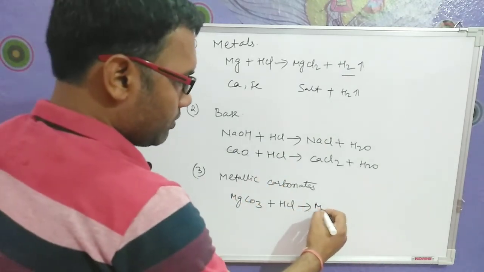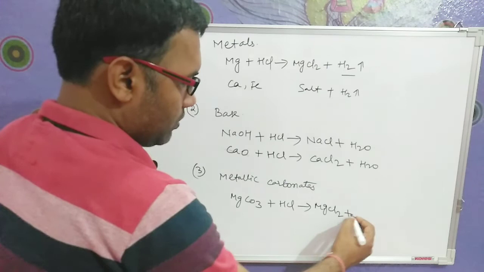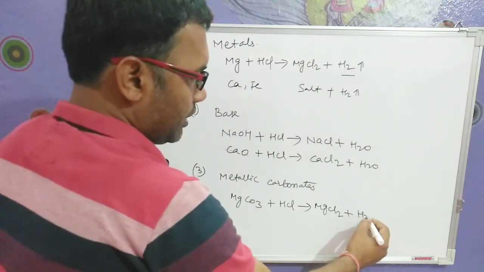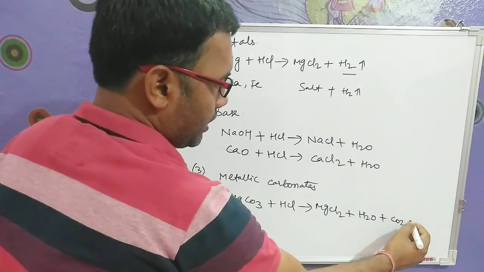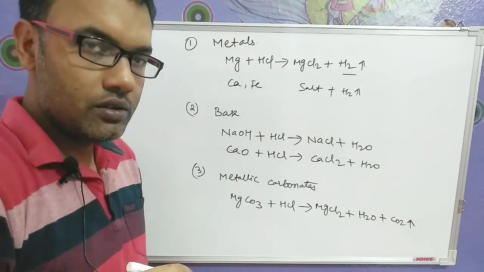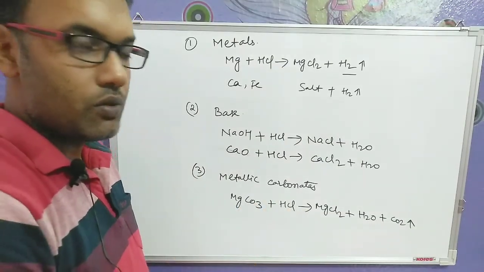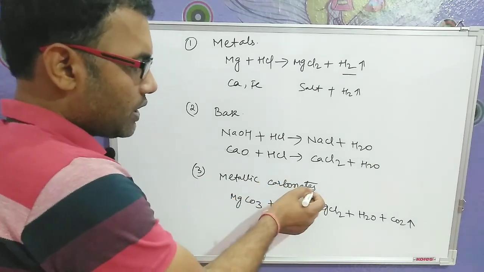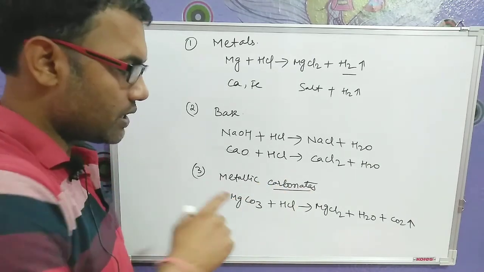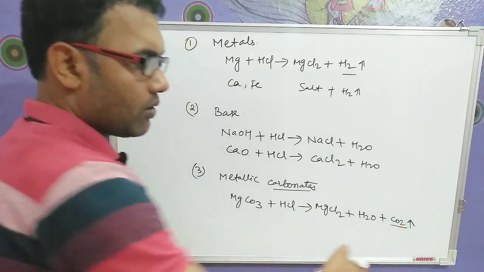So your product will be MgCl2 plus H2O plus carbon dioxide. I am taking one example just to make you understand. So with carbonates, an acid will always give you carbon dioxide gas.